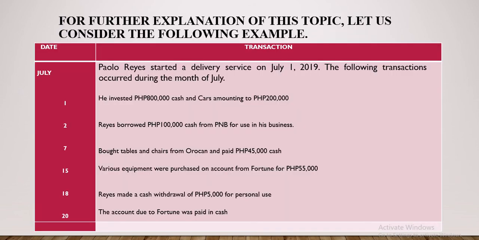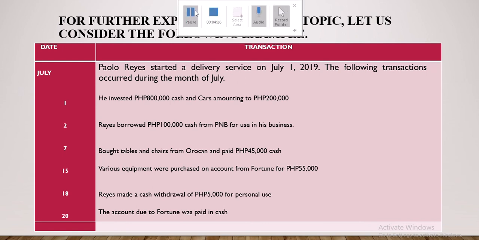Okay, next is, for further explanation of this topic, let us consider the following example. Date, transactions. The dates is from July 1 to July 20. So the transactions are the following. Paulo Reyes started a delivery service on July 1, 2019. The following transactions occurred during the month of July.